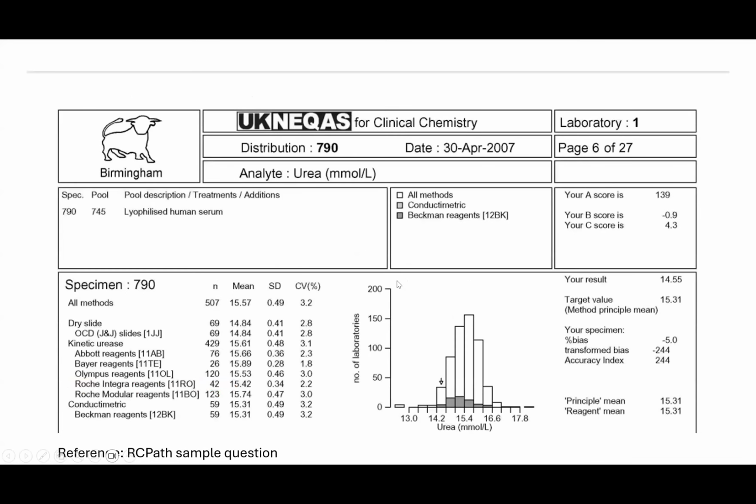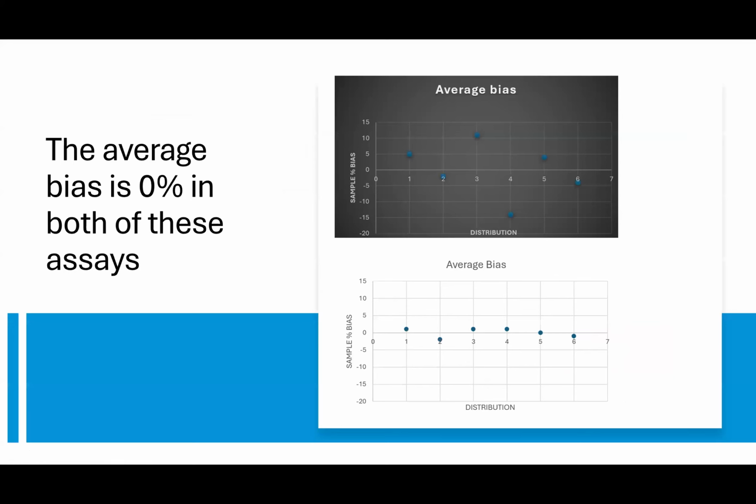And that just shows you here that, for example, for your individual result, you had this accuracy index of 244, but your A score is very different from that, because normally your accuracy is much better than you got for this particular result. So you would look in and see what is happening to the lab and what happened for that particular assay.